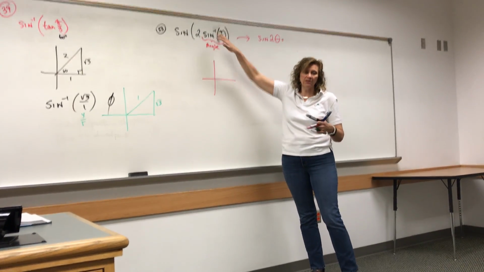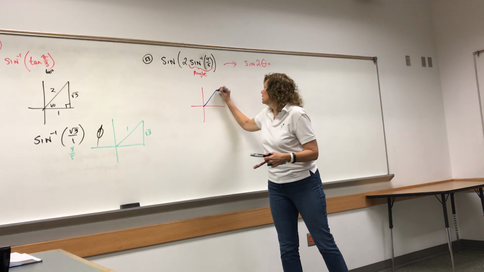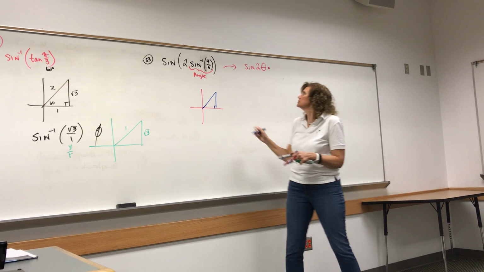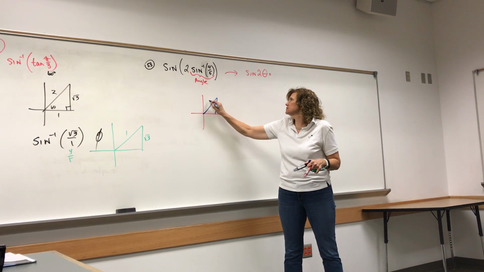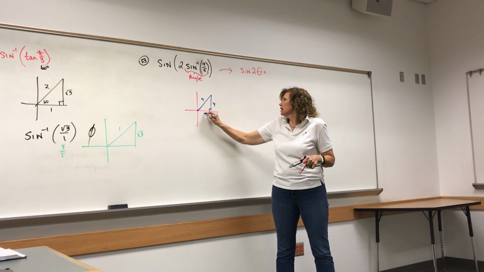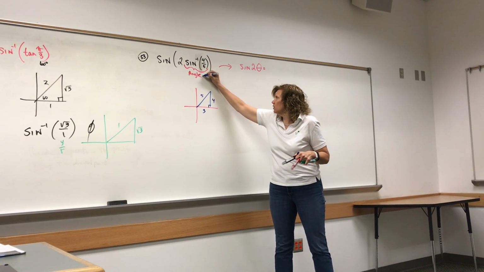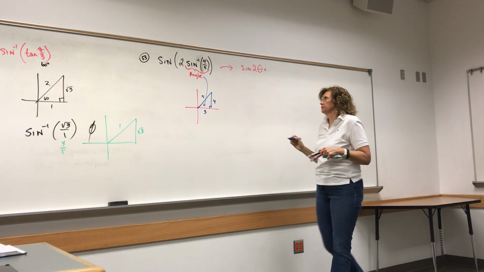Okay, but we're not also going to draw in quadrant 2, because of the inverse trig function in the problem. Sine is 4/5, so we can use the Pythagorean theorem, and the other side is going to be a 3. So this angle is right there.